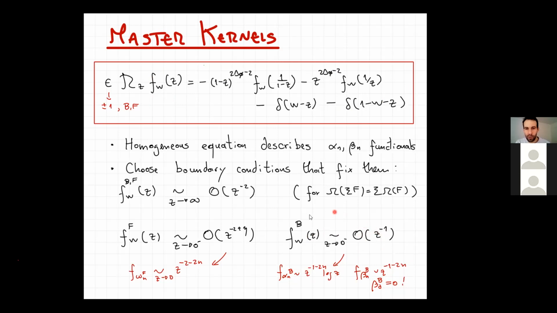And when you actually solve for the kernels, you find this behavior. So it's not inconsistent. So you demand that there is no log, because alpha 0 has a log. It's 1 over z times log. So I'm not being very rigorous here. I'm saying there should be a power 1 over z, and there should be no log. But the 1 over z factor can be there, because there's no beta 0 functional that I could add to remove it. Does that make sense?